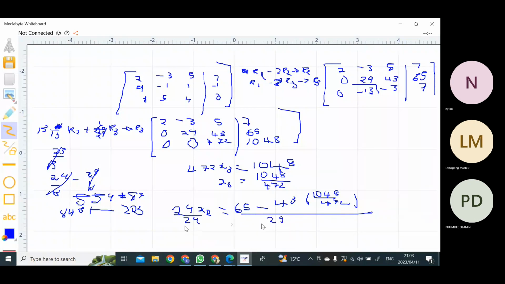Then your x1 is going to be equal to 7 minus 5x3 plus 3x2, divided by 2. Then you just substitute the values and you're going to get x1, x2, x3. So this is how you solve it based on this method of Gaussian elimination.